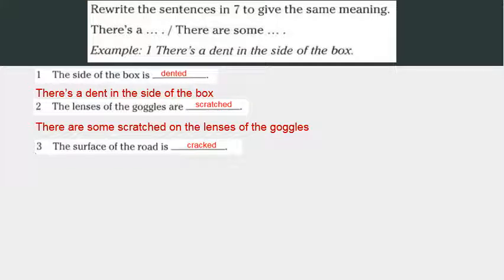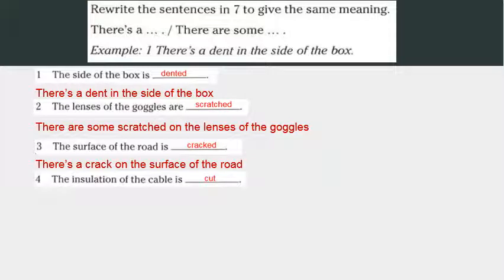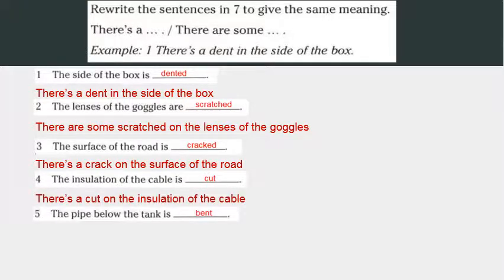Is this singular or plural? This is singular. So, there is a crack on the surface of the road. Number 4, the insulation of the cable is cut. There is a cut on the insulation of the cable.